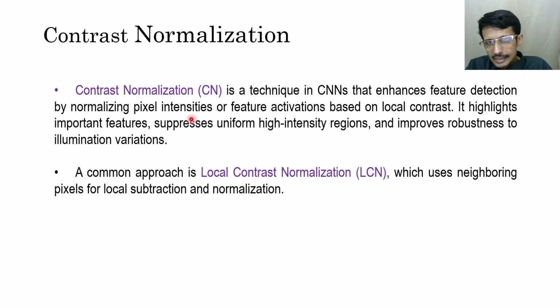We read this out, and we will try to understand in the subsequent slides what these statements mean. A common approach of LCN, that is local contrast normalization, is neighboring pixel or local subtraction. Now see what this is trying to say.